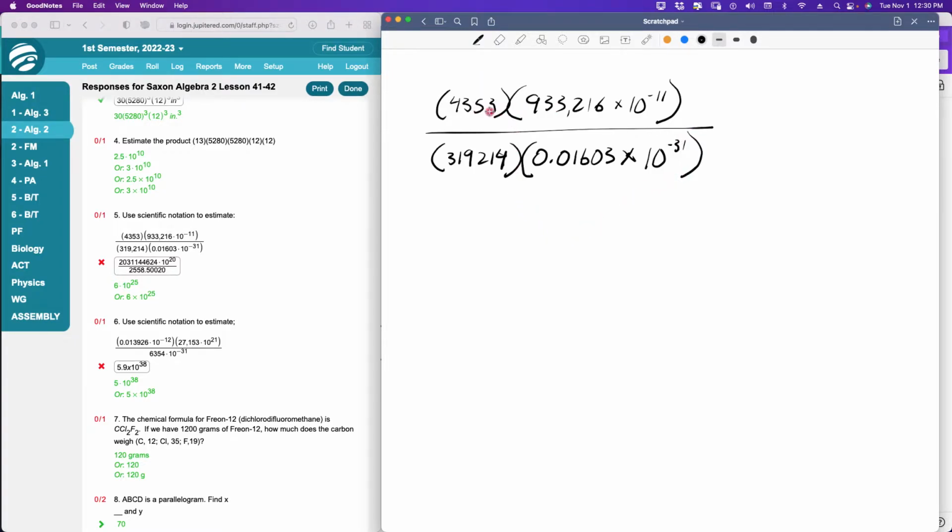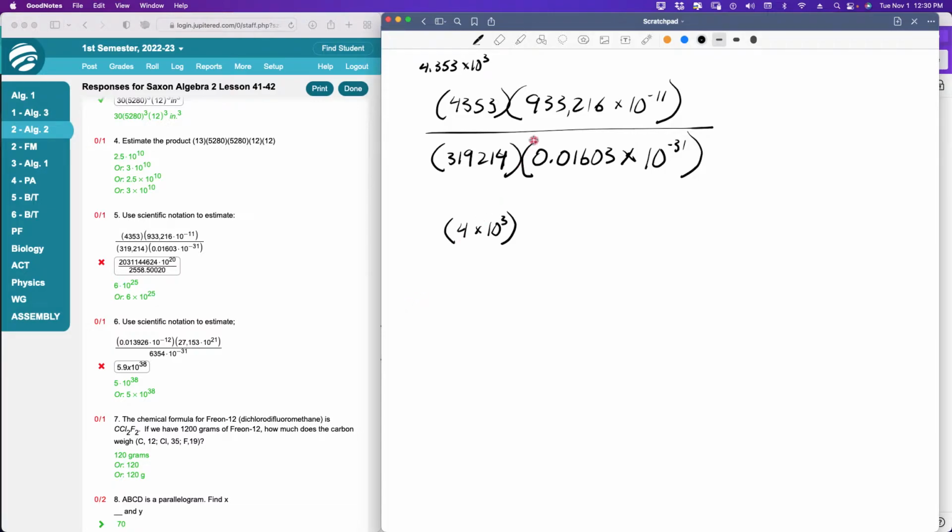All right, so first we're going to put this all in scientific notation rounded, right? So unrounded, it'd be 4.353 with a ones place only, and that would be 1, 2, 3. So times 10 to the 3. So we round that decimal, and that becomes 4 times 10 to the 3.